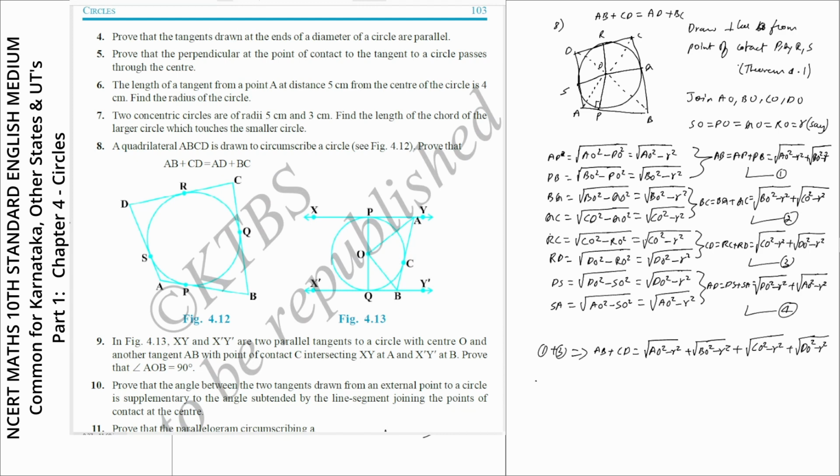Now from 2 plus 4, what will I get? So 2 plus 4 is nothing but BC plus AD.